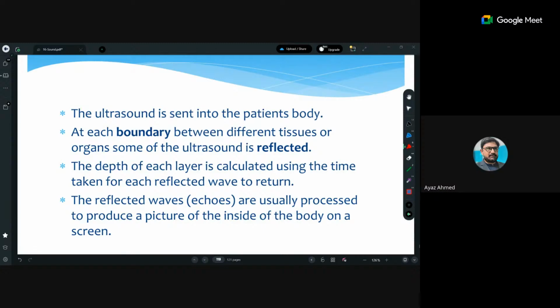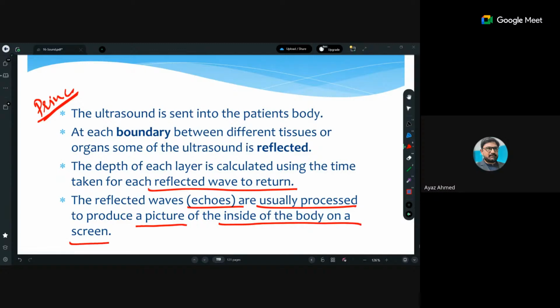Ultrasound is sent into the body of the patient. It reflects back from the boundary. The principle is still the same. The depth of each layer is calculated using the time taken for the reflected wave to return. The reflected wave, or echo, is processed to produce a picture of the inside of the body on the screen.